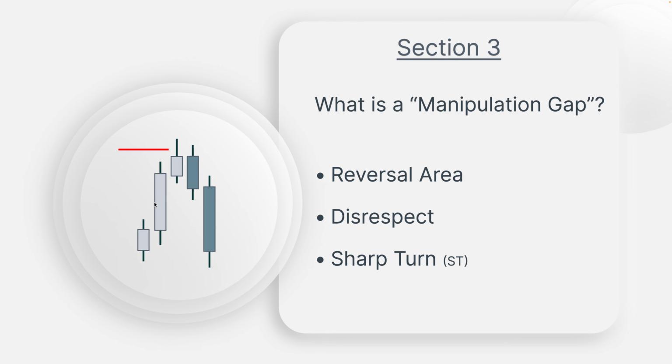All right, we know the only area that we can now continue higher off of is that previous candle low. If we sweep that, which we do not do, we continue lower and we fully disrespect the bullish fair value gap, and we are in the midst of creating a bearish fair value gap. That overall scenario then creates a sharp turn.